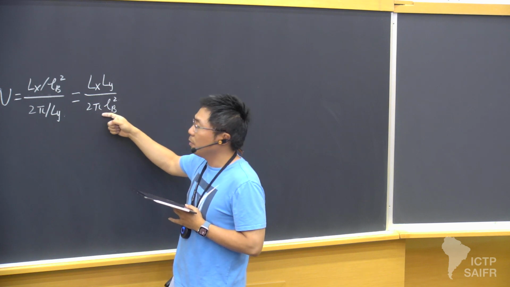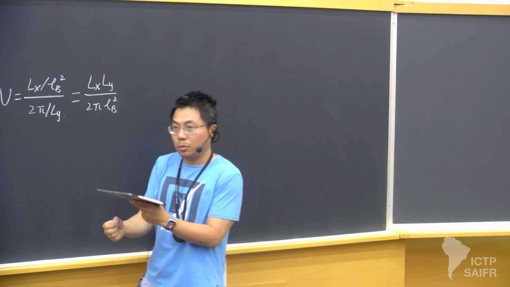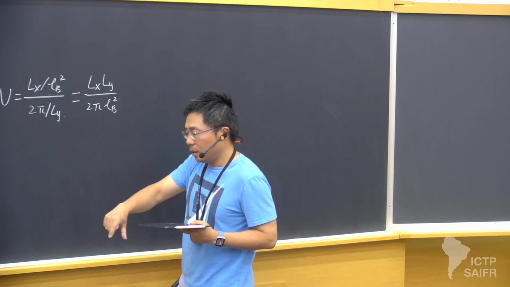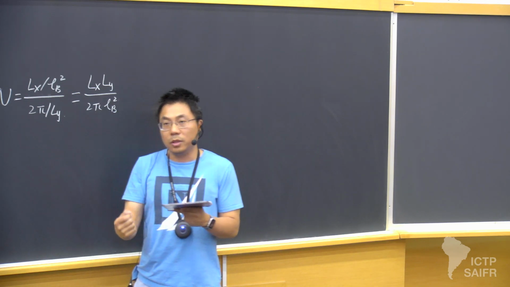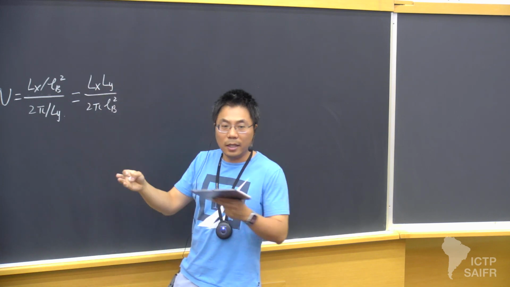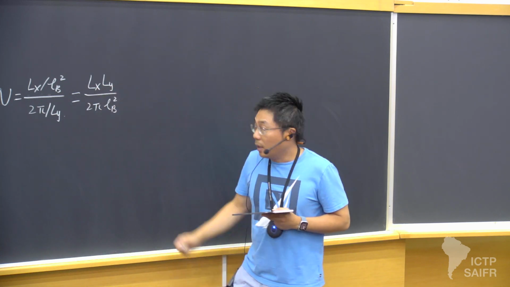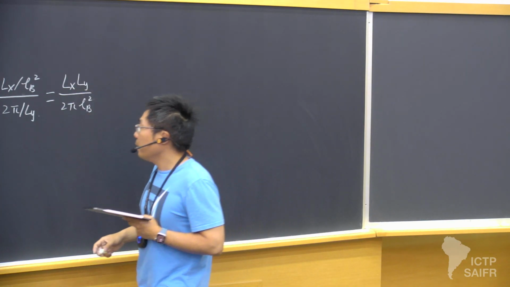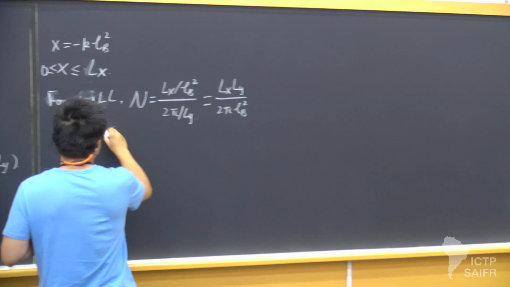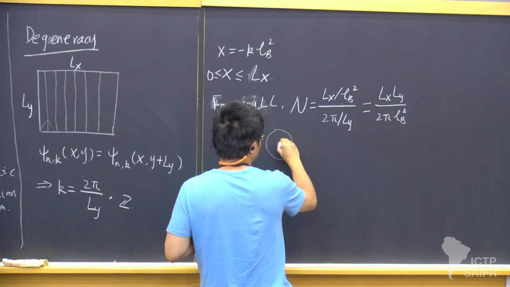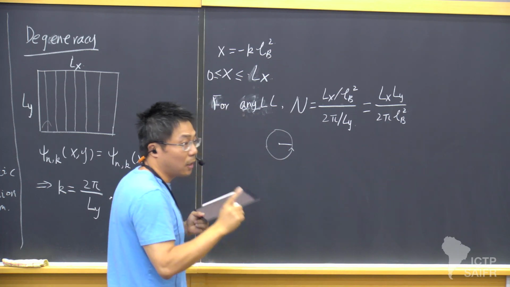You can also say that the physical meaning of this magnetic length is roughly the size that one electron would occupy. Lx times Ly is the area of the system, and you can think each electron is doing something like self-orbiting due to the magnetic field. That's a semi-classical picture.